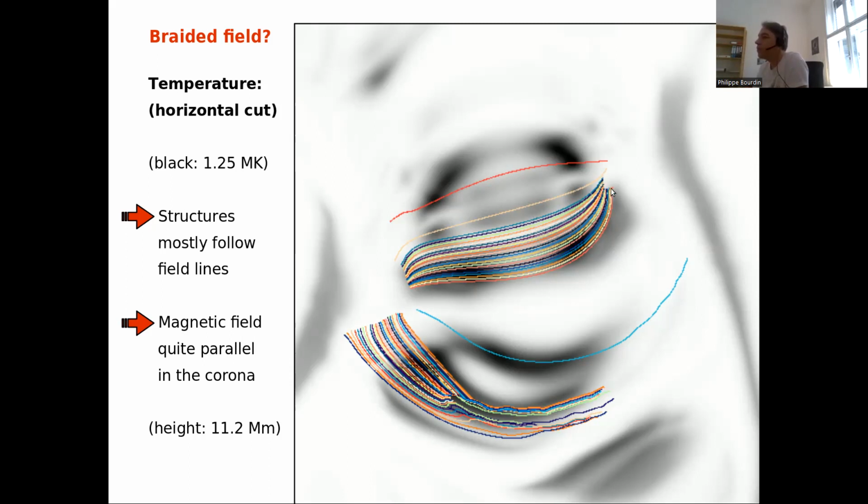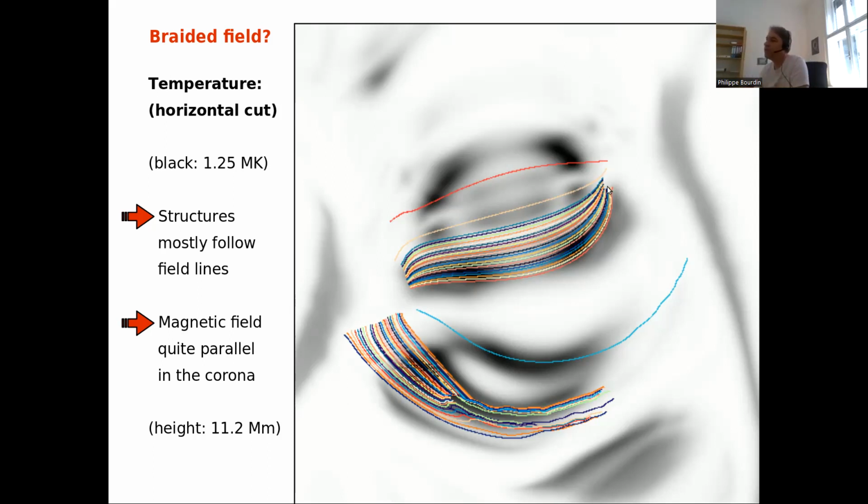Okay, what we also see is an interesting feature. This ribbon that is straight on one end is folded on the other end. So that means in between, between the two ends of the loop, there is indeed some kind of twisting or folding or entangling of magnetic field lines.